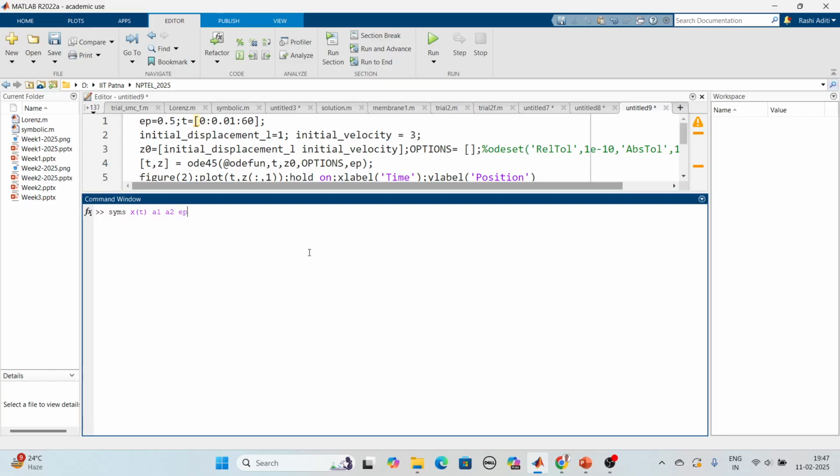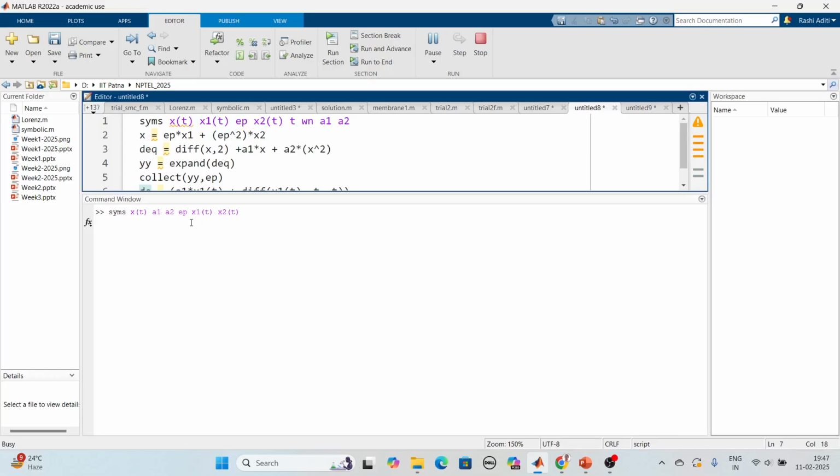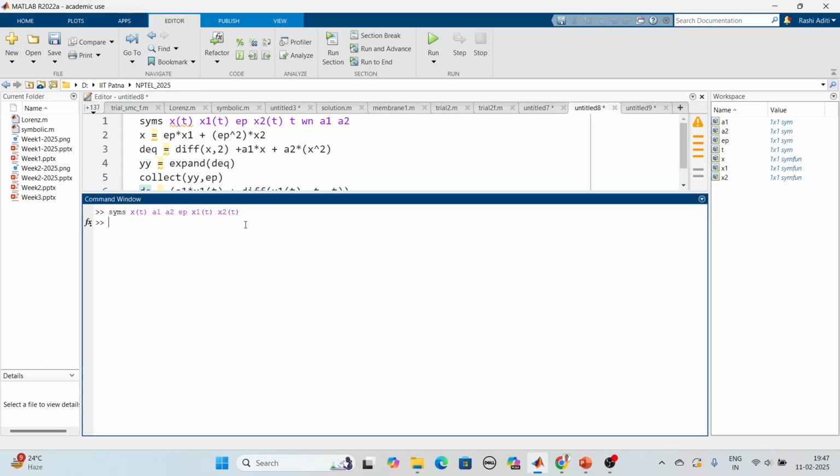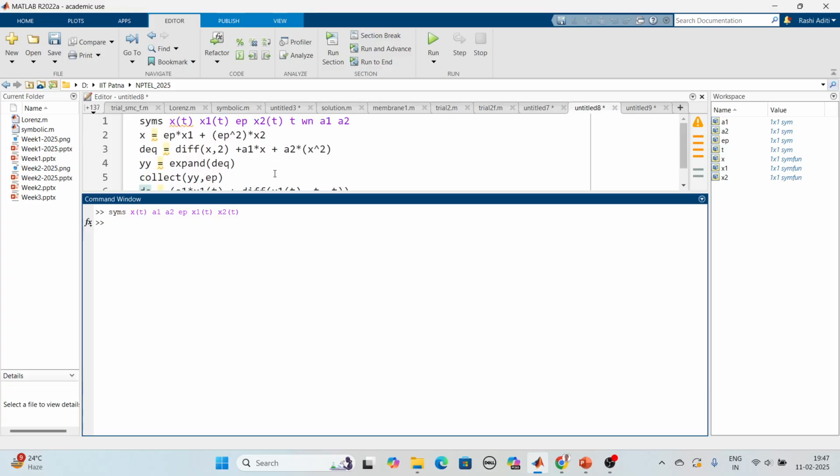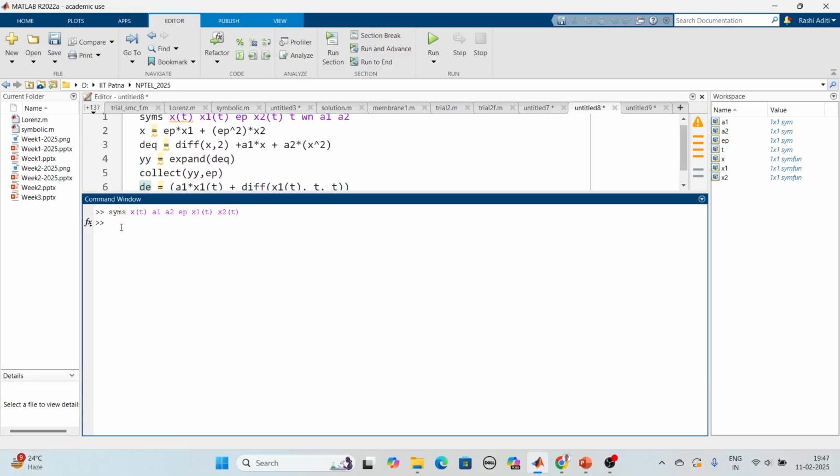So we will consider EP as epsilon, and then we have x1, which is a function of time, the first solution, and then we have x2, which is again a function of time, the second solution.